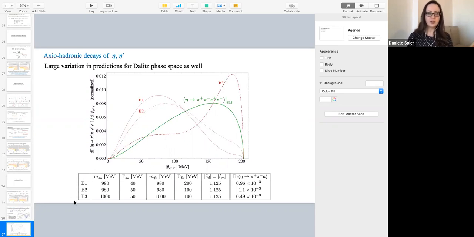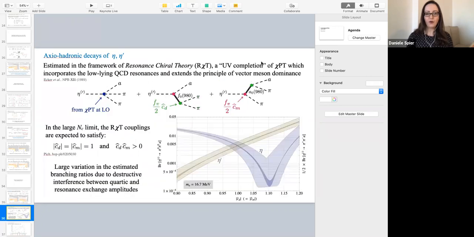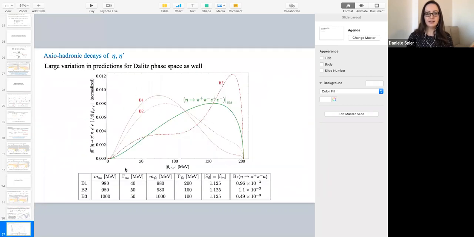I choose 3 benchmarks for this theory here. In these benchmarks, I'm varying the masses and widths of these scalar resonances, the A0 and the F0. And then I show you what is the differential decay rate of eta to pi A as a function of the axion's momentum, right? And then if you have just boring flat phase space, you get this green curve.